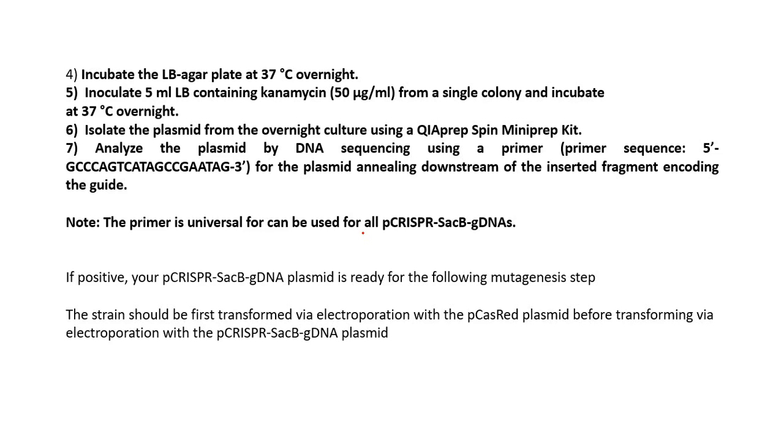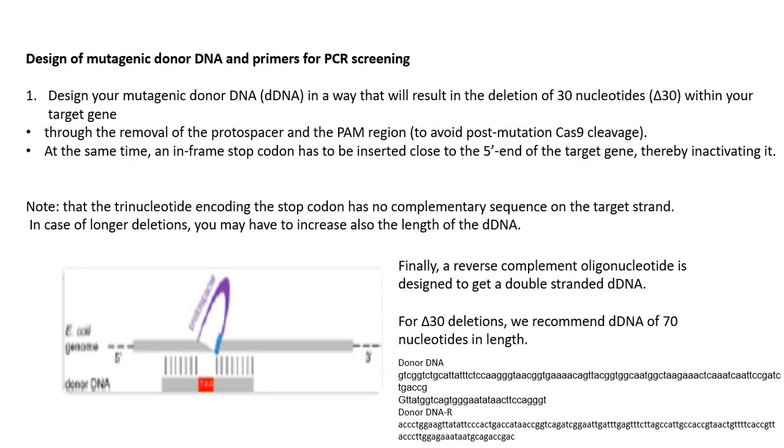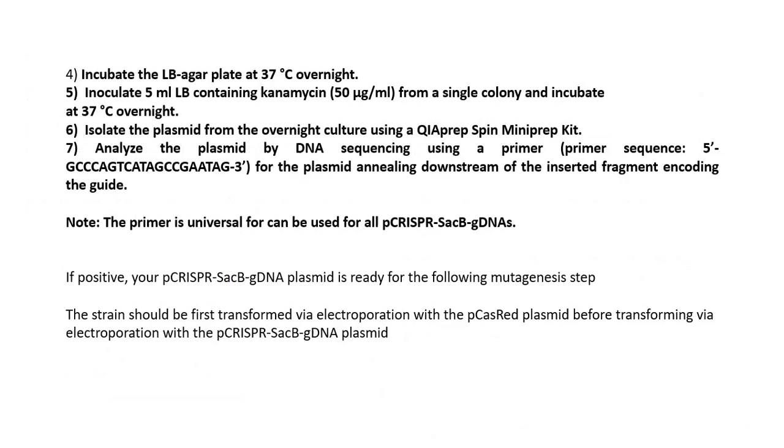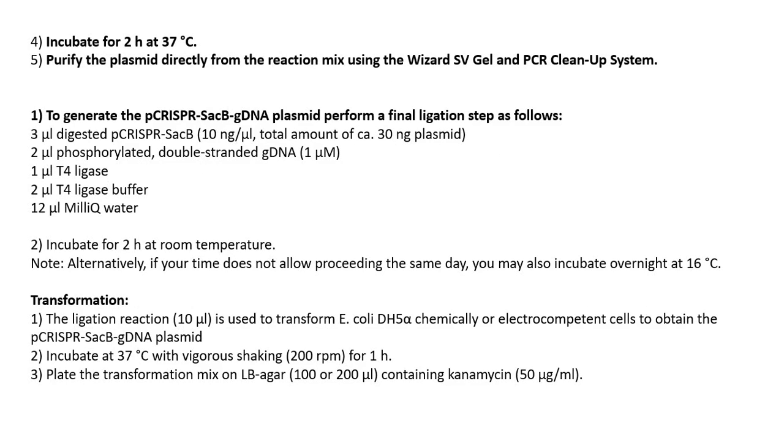So right now you have the pCRISPR-SEC gDNA plasmid and the pCas9 plasmid, and now we can go ahead with the mutagenesis step. You have to perform all these experiments serially, in the respective order.